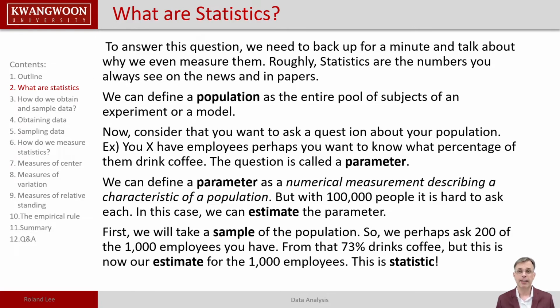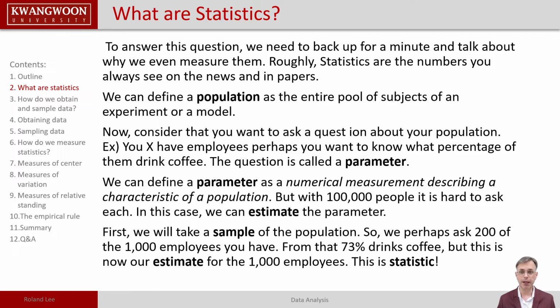Now consider that you want to ask a question about your population. For example, if your population is all of your employees, assume that you have 1,000 employees, perhaps you want to know what percentage of them use illicit drugs. So the question is called the parameter.